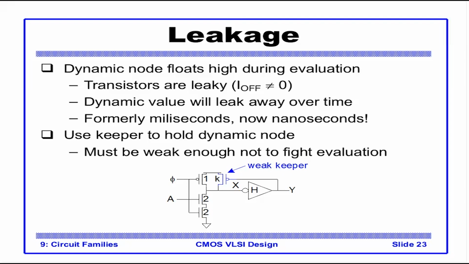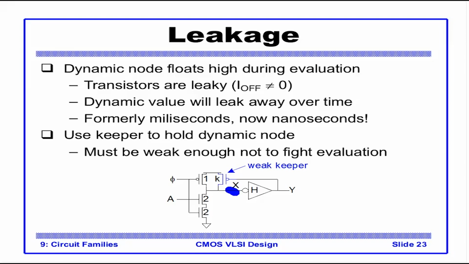So now we use a keeper. A keeper is nothing but a weak PMOS so that it doesn't fight evaluation. Please note that we need a keeper only for the case where the output is 1. In this case the node is X. So whenever X is 1, we need to keep charging it.